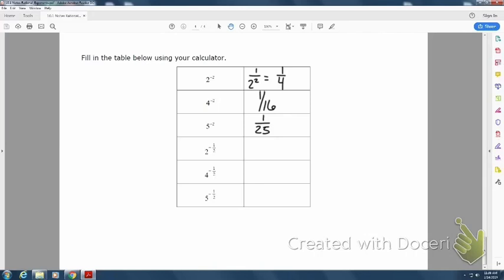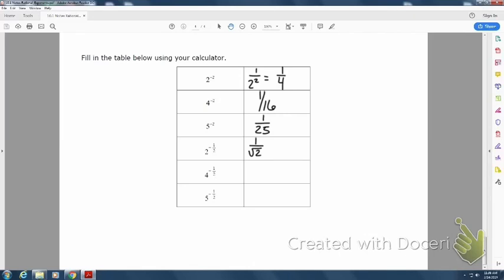Very similar idea here, because kind of ignore the negatives up here right now. Whenever we raise something to the power of 1/2, that was the exact same as doing what? Taking the square root of the base. Well, whenever it's negative, all that means is that all of that needs to happen in the denominator.